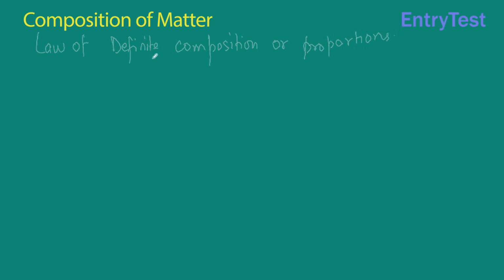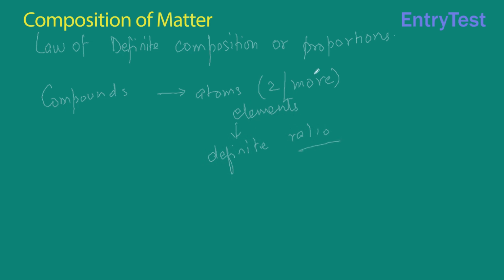This basically means that compounds are made by combining atoms of 2 or more different elements in a particular definite ratio or a definite proportion. That is what the law of definite composition states.